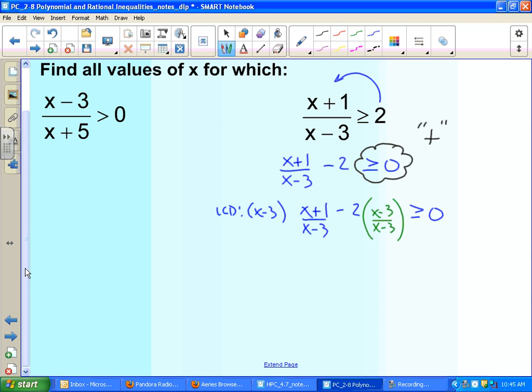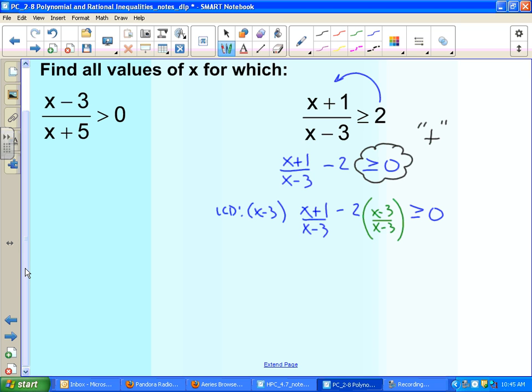Could I multiply the whole thing by x minus 3? Yes. However, if I do that, I will probably forget that the original started with an x minus 3, which means there is an asymptote value of x that I have to be careful of.